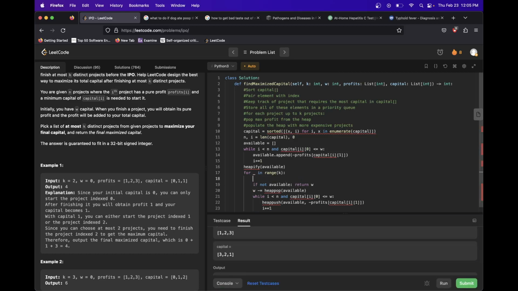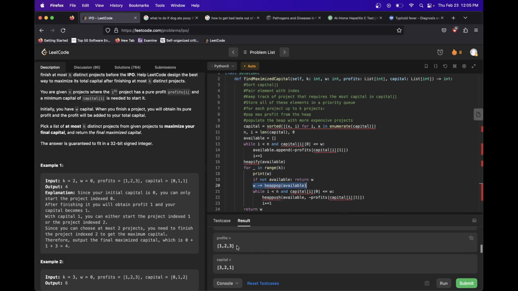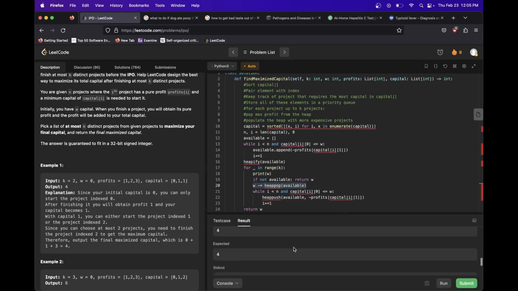So if we print this, let's print w. And what it's going to do is, well, pretty simple here. It starts out at 0, and then we add 1. And oh no, actually it's because I changed this. So let's get back to this original test case. It starts out at 0, we add 1, because we're doing this project.